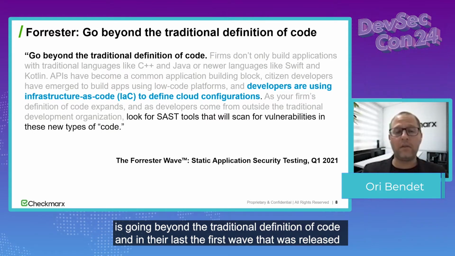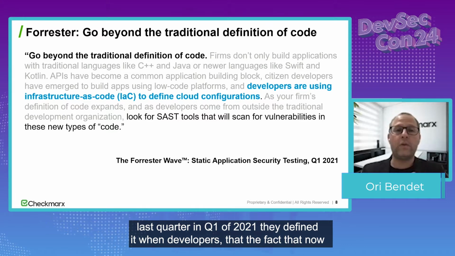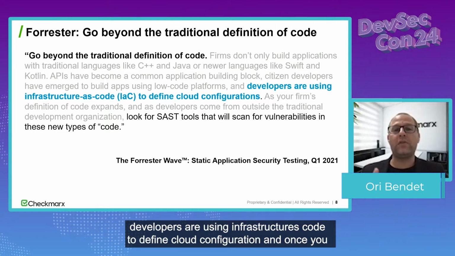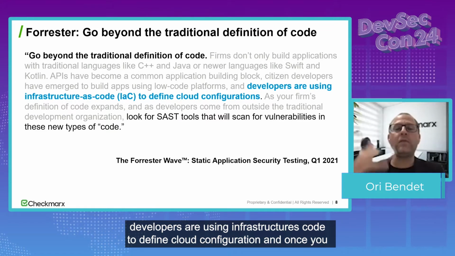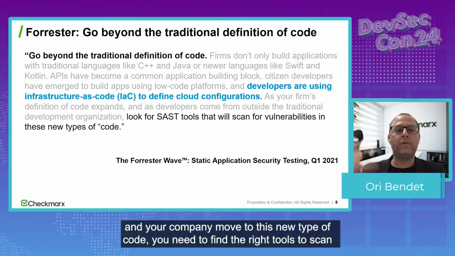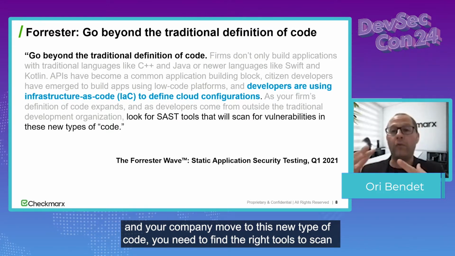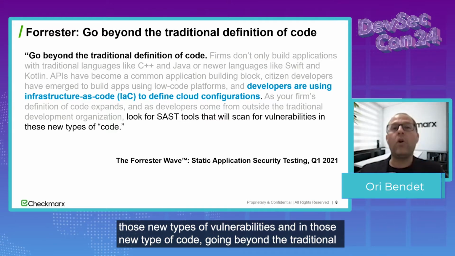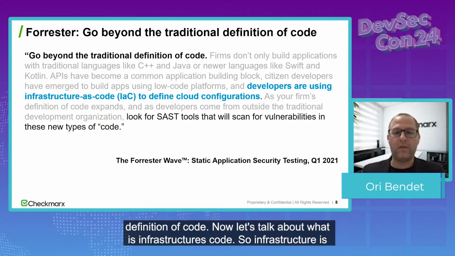In their last Forrester Wave that was released last quarter, in Q1 of 2021, they defined the fact that developers are now using infrastructure as code to define cloud configuration. Once you and your company move to this new type of code, you need to find the right tools to scan for those new types of vulnerabilities in this new type of code, going beyond the traditional definition of code.